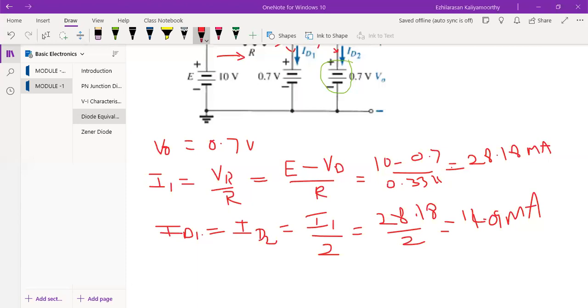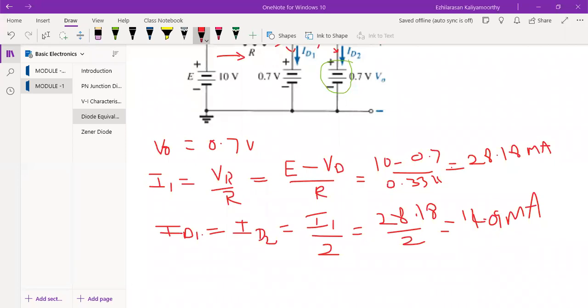So now that example is just demonstrating one reason for placing the diodes in parallel. If the current rating of the diode in the figure is only 20 milliampere, a current of 28.18 milliampere would damage the device if it appears alone.